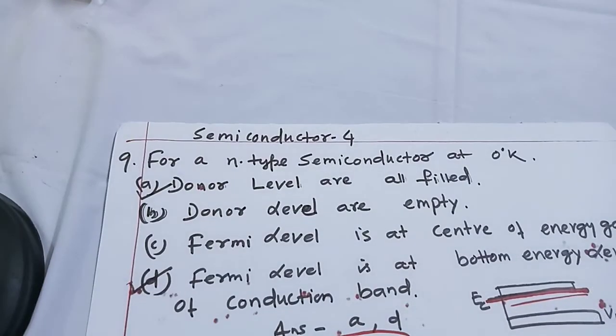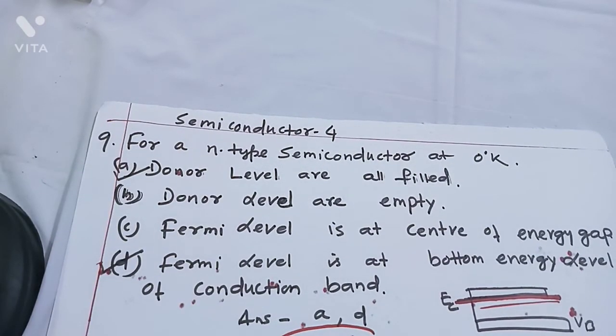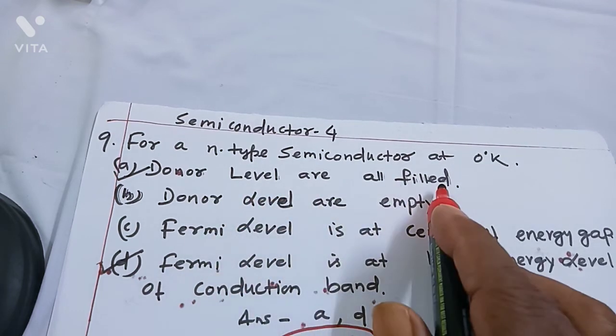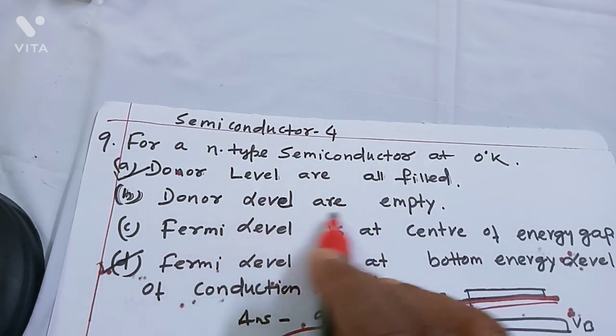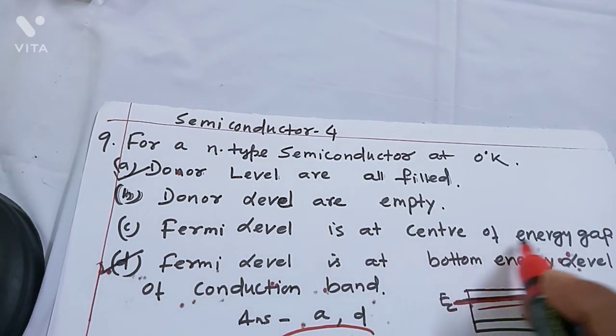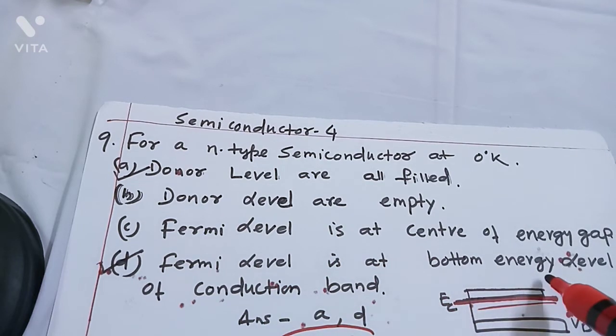Next question, similar question. For an n-type semiconductor at 0 Kelvin: donor levels are all filled, donor levels are empty, Fermi level is at center of energy gap, Fermi level is at bottom energy level of conduction band.